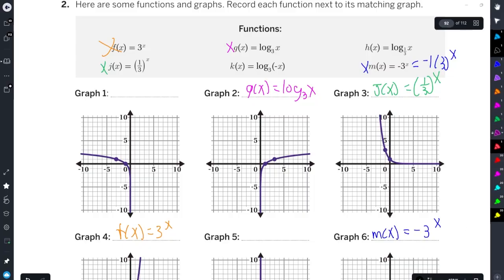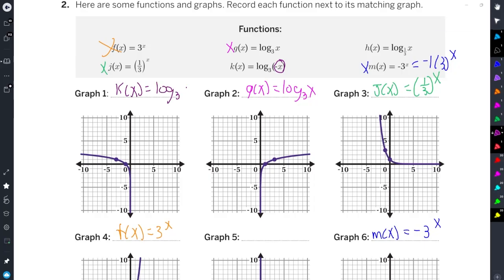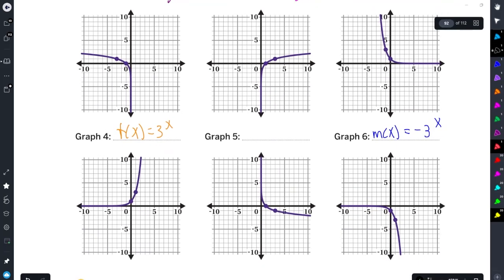Now, if that's graph number 2, you'll notice graph number 1 is the reflection over the y-axis, and we know if we do a negative x, that is from our transformation of functions unit, a negative x reflects over the y-axis. So this must be k of x, which then just leaves graph 5 having to be h of x. H of x is log base 1/3 of x.